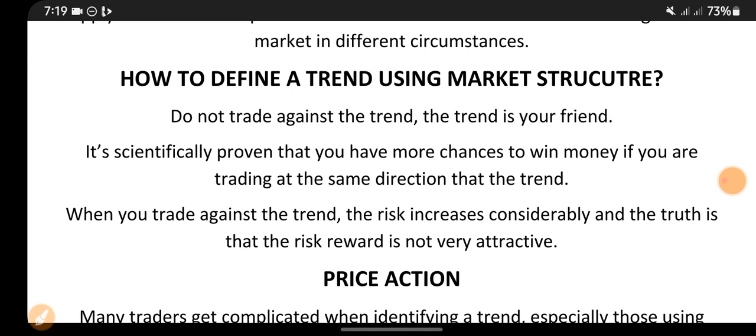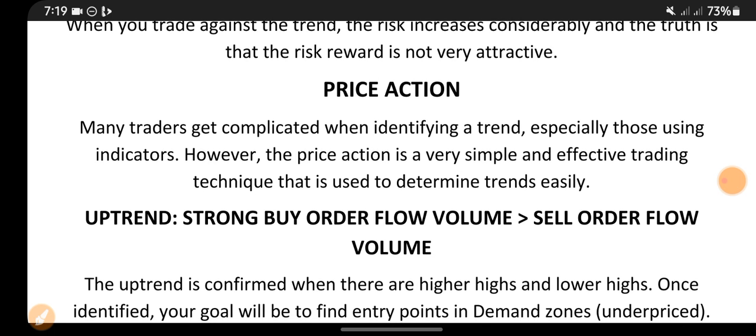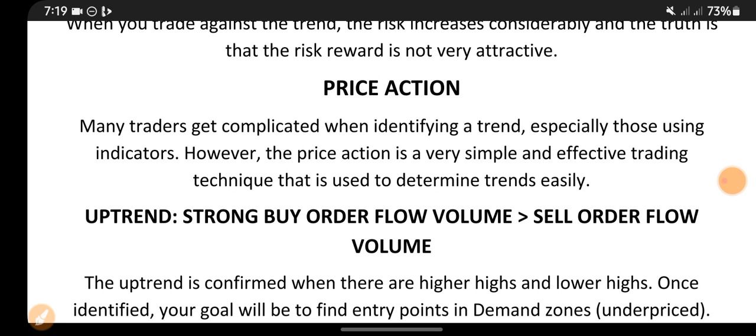As I said about price action, many traders find it difficult identifying the trend, especially those using indicators. However, price action is a very, very simple and effective trading technique that is used to determine the trends easily. So now we talk about how to define an uptrend.